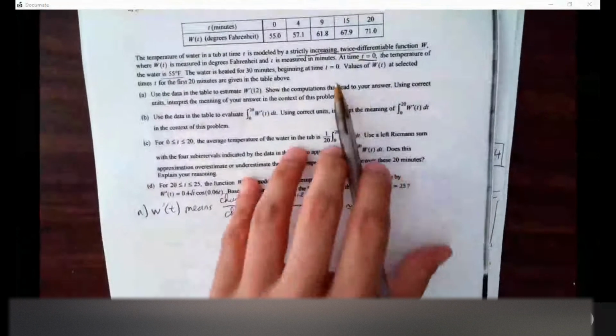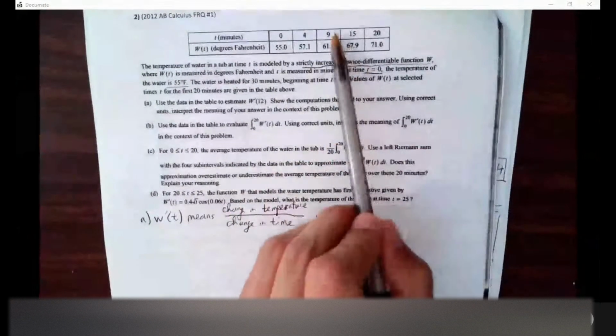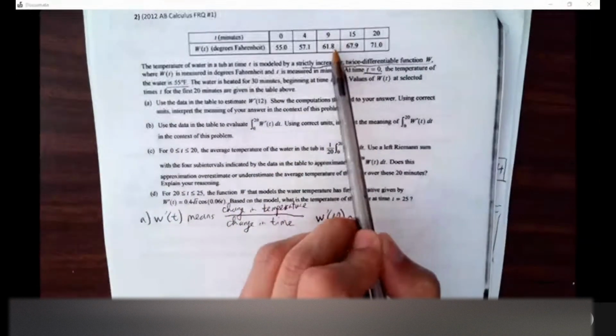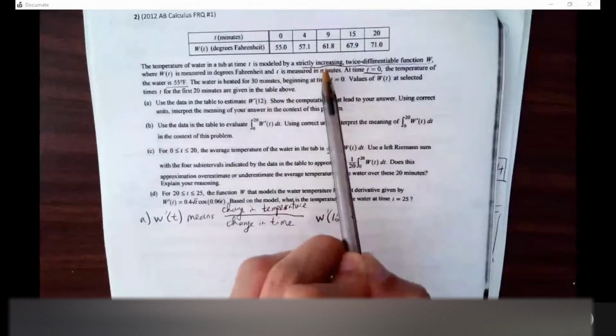So we're not going to be able to know the exact rate of change at 12 because we're not given that data, and we don't have a formula that we can find the derivative of.